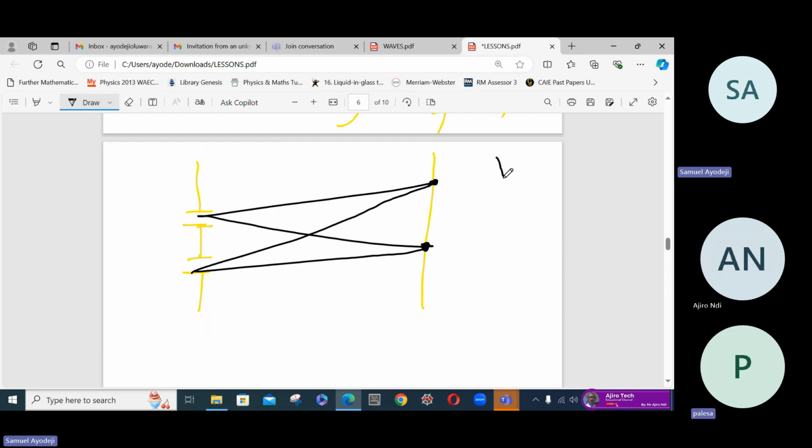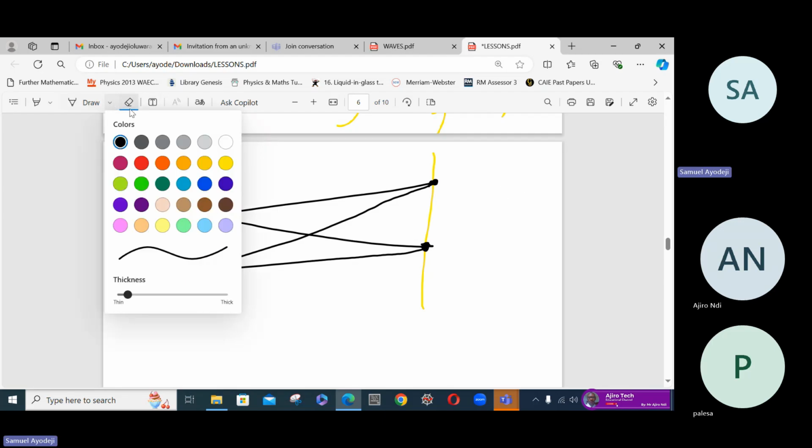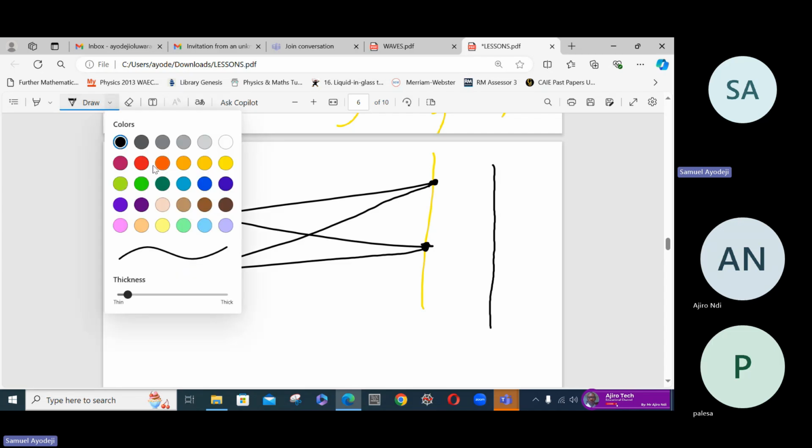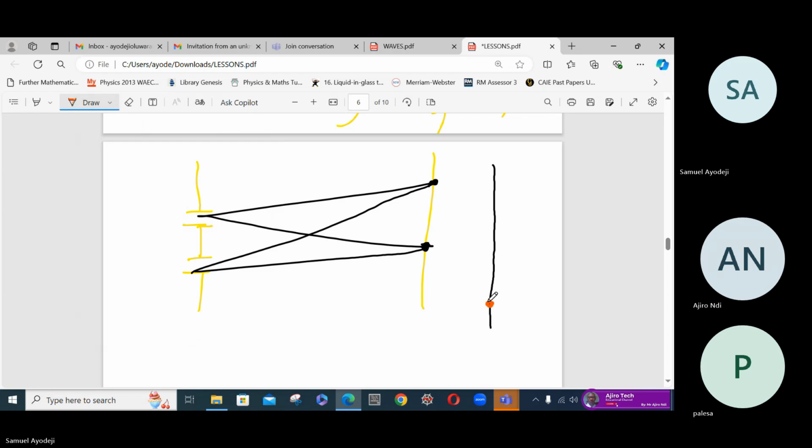So let me now spell this out here. Now, I have the dots.